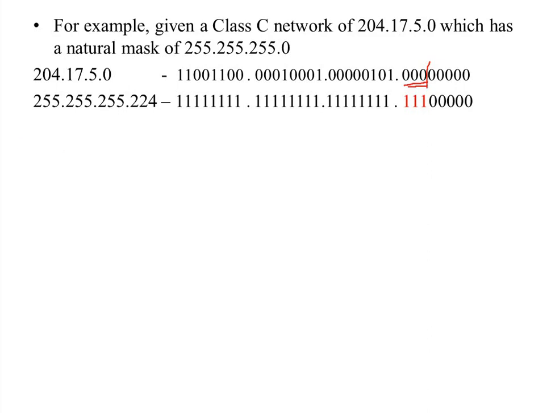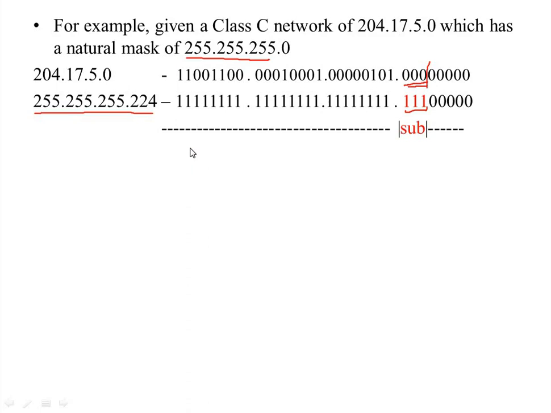So now my natural mask, which was initially 255.255.255.0, has been changed to 255.255.255.224. That means these 3 bits will change my mask. These 3 bits are called the subnet, which I am taking from the host.